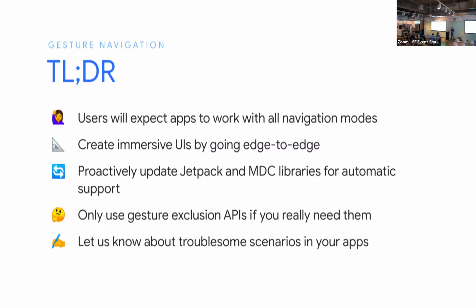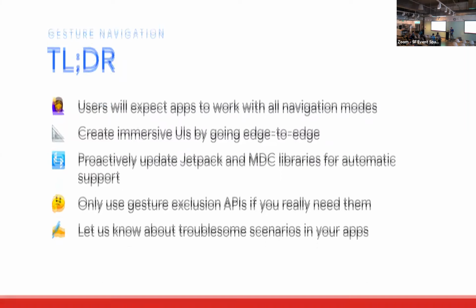And hopefully you don't need to do much custom coding to fix issues, but you still have the gesture exclusion APIs and the gesture insets, with which you can easily rearrange your UI according to issues you face.